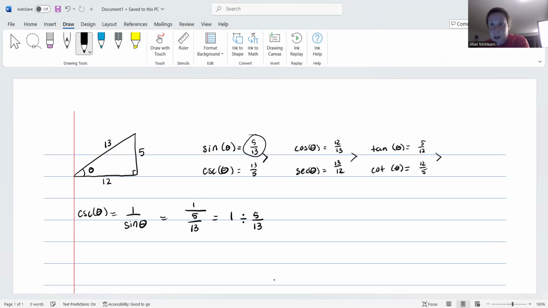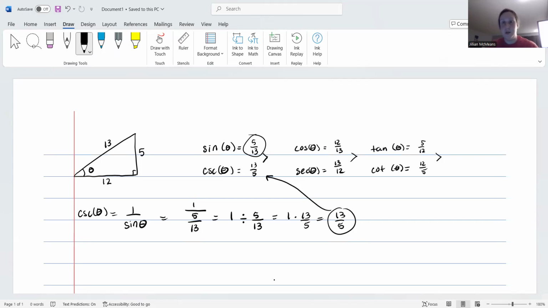And when you're dividing fractions, the first number stays the same, and then you multiply by the reciprocal of the second. So this really becomes 1 times 13 fifths, or 13 fifths, which is exactly what we got for cosecant. So if you say that cosecant theta is 1 over sine, you literally take 1, divide it by whatever sine is, and you'll get your cosecant.